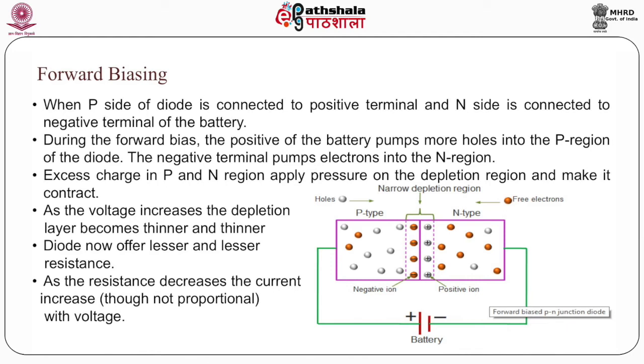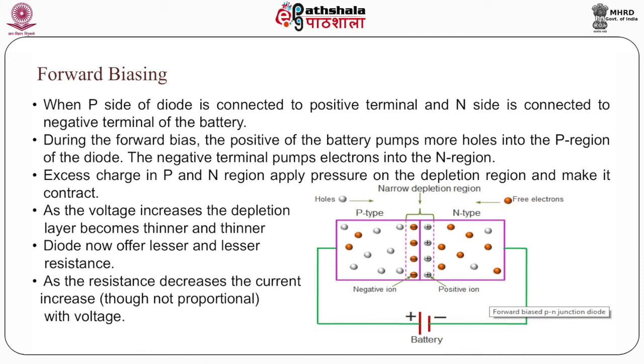And coming back to the forward bias, forward biasing of the PN junction diode is when the P side of the semiconductor diode is connected to the P terminal of the battery and the N side of the PN junction diode is connected to the N terminal of the battery. That is, the same terminals are connected to the same side, making it forward bias. During this forward bias, the positive of the battery pumps more holes into the P region of the diode.